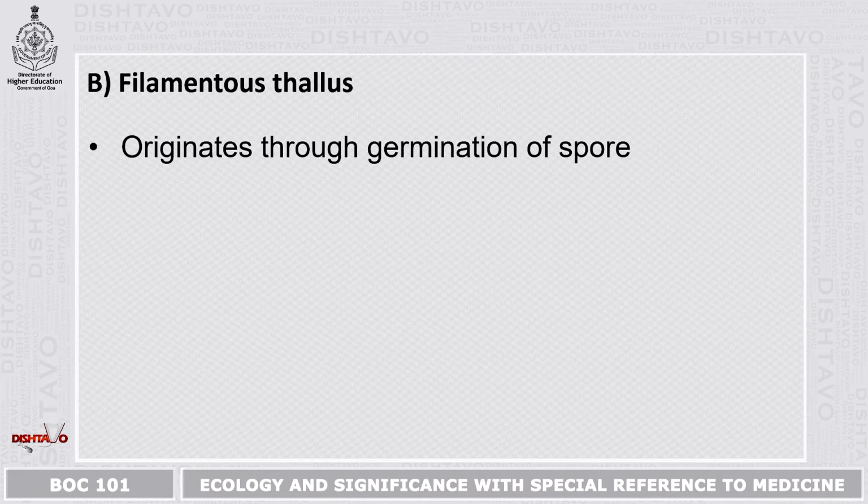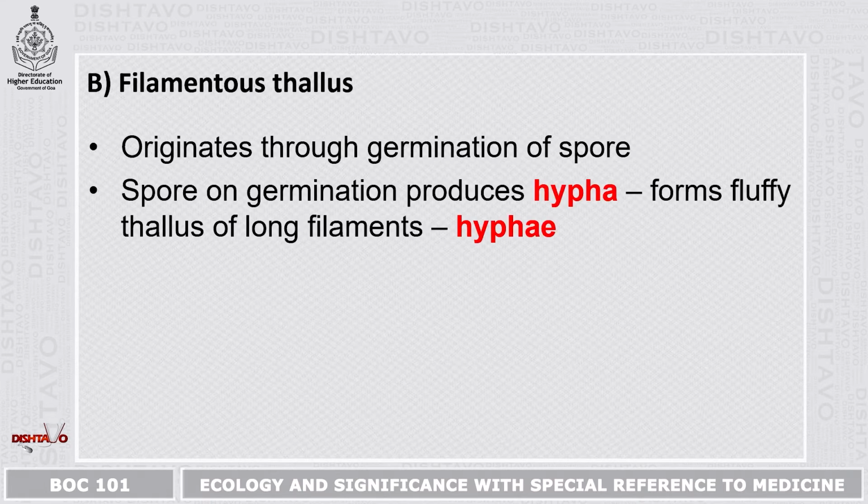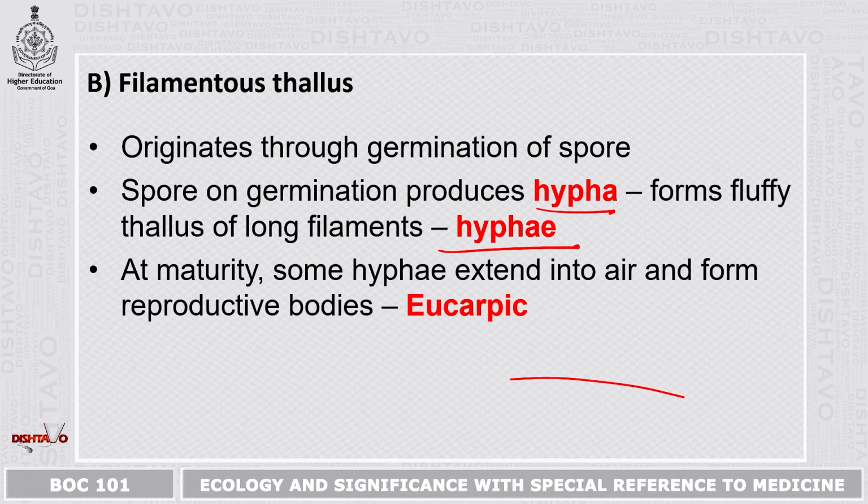Coming to the filamentous thallus, these originate through germination of spores, like I have shown you in my earlier slide also. The spore on germination produces a hypha, and later on they form a fluffy thallus of long filaments called hyphae, which is the plural of hypha.